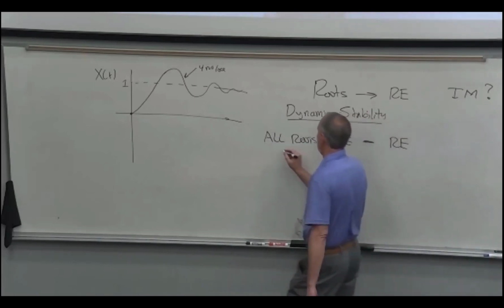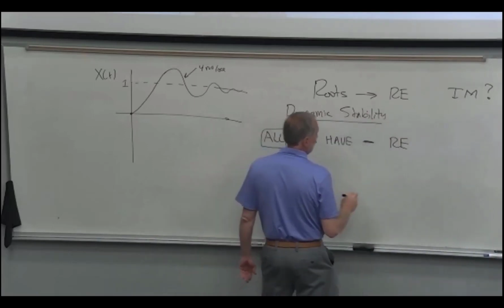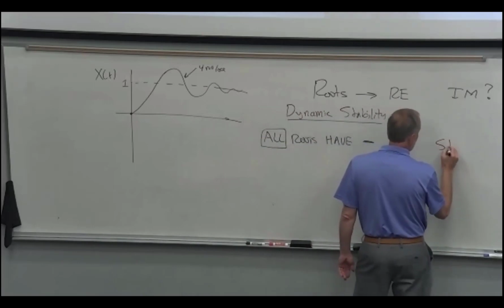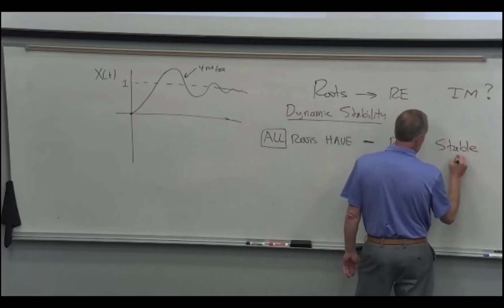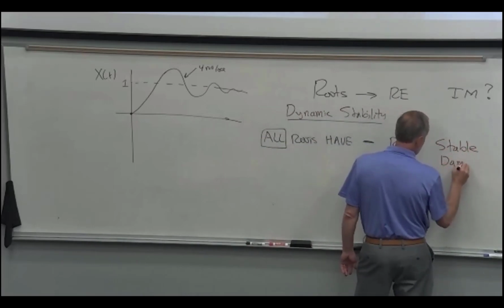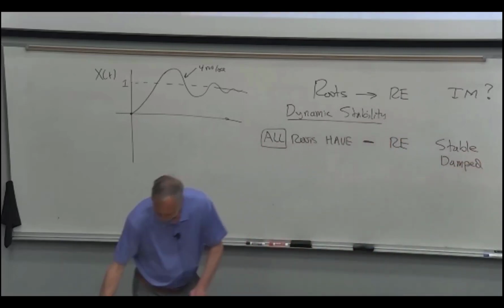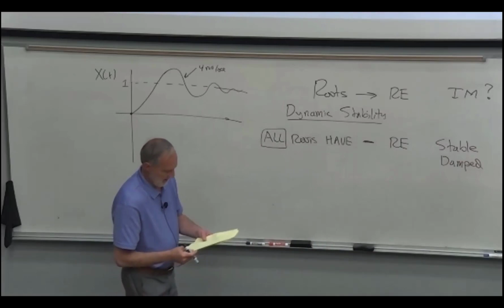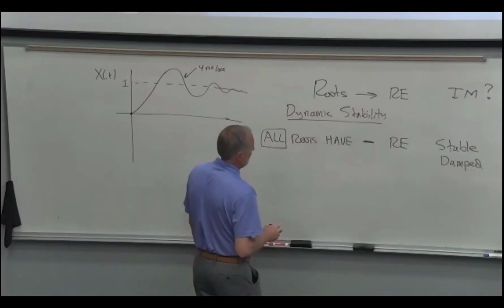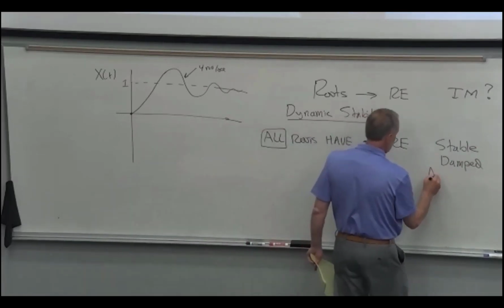If all of them have negative real parts, then the system is stable and damped. And it's non-oscillatory.